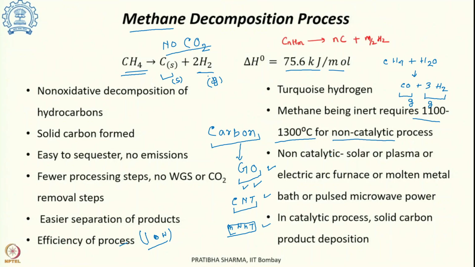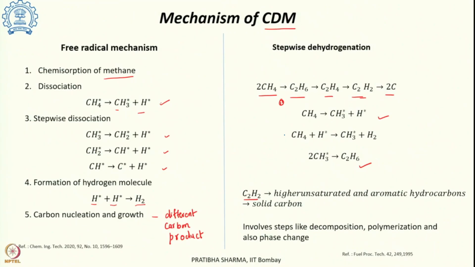If we use a catalyst, the temperature will reduce to 500 to 800 or 900 degrees centigrade. If we don't use a catalyst, the reactions will be at higher temperature, above 1000 degrees centigrade.